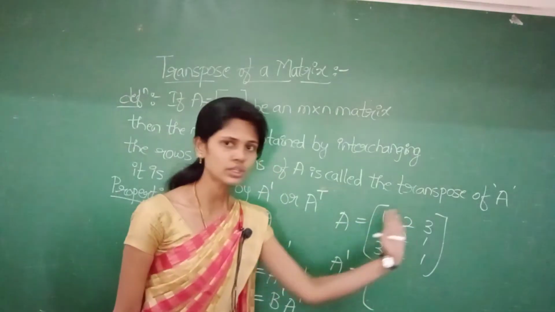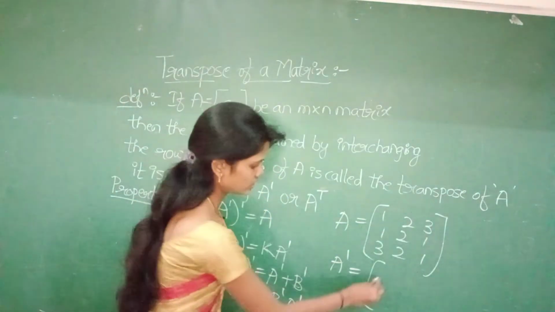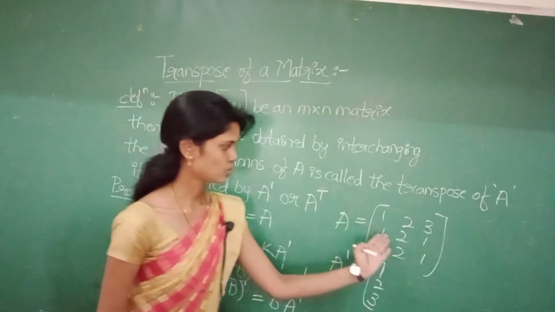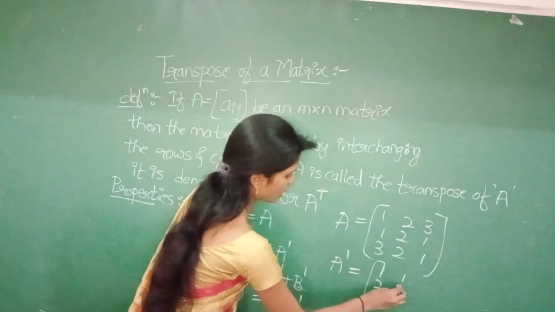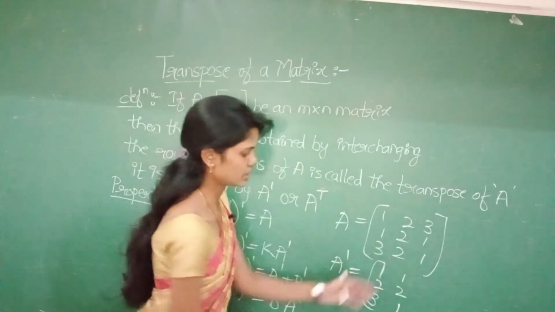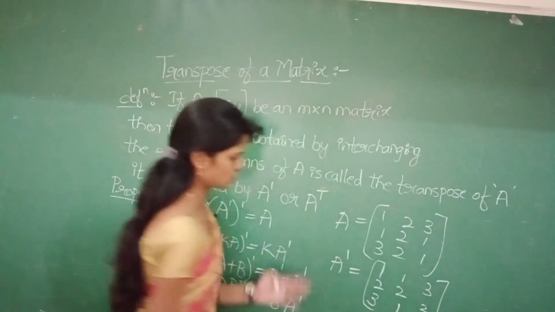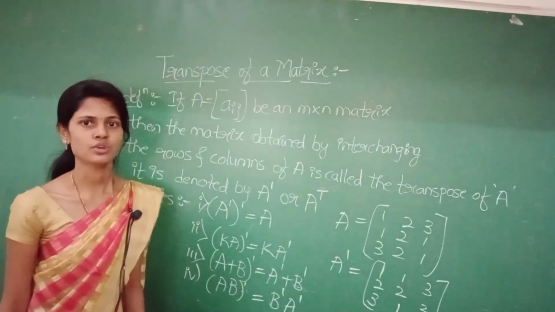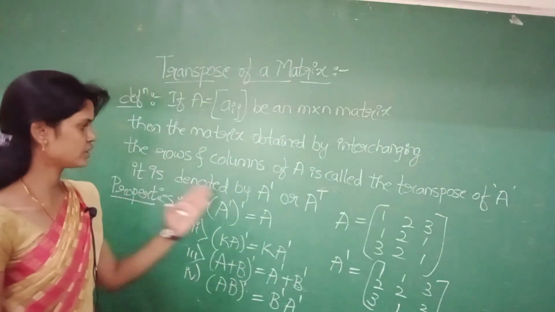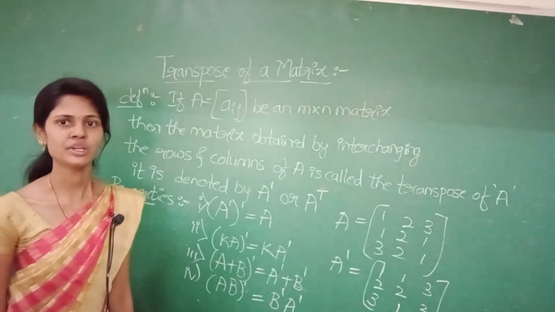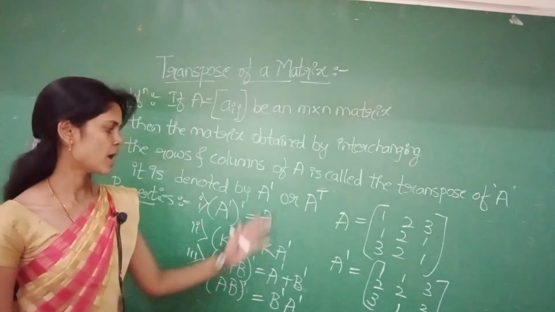So 1, 2, 3 is a row here, and you write it as a column 1, 2, 3. The second row becomes a column, and the third row also becomes a column. So this is the transpose of the matrix, and it is denoted by A dash or A raised to T, that means transpose of the matrix.